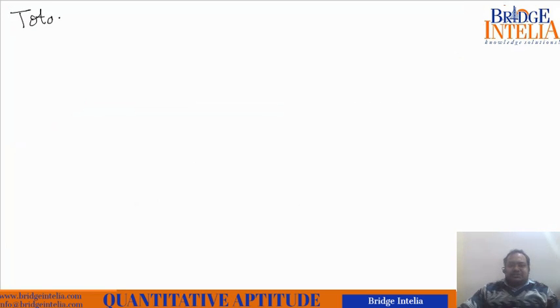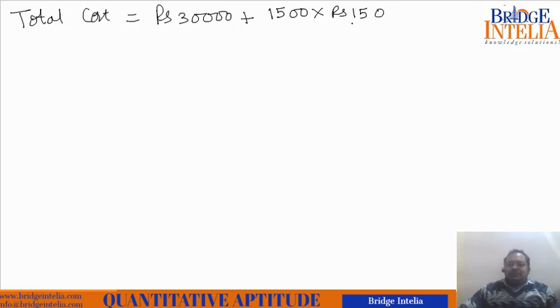Total cost is rupees 30,000. This is fixed, this is not going anywhere, plus cost of manufacturing watches. 1500 watches have been manufactured. Each watch rupees 150 you have to pay. So this is the total cost he has to pay.